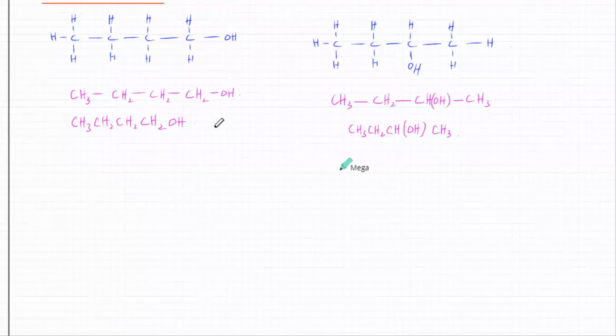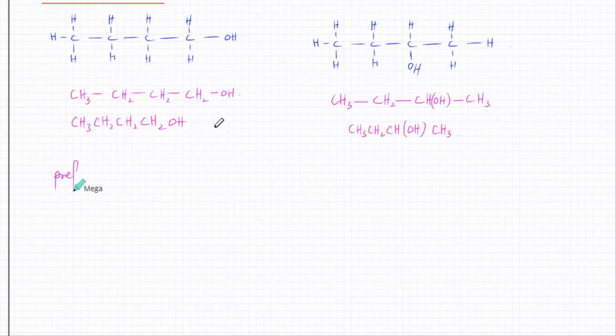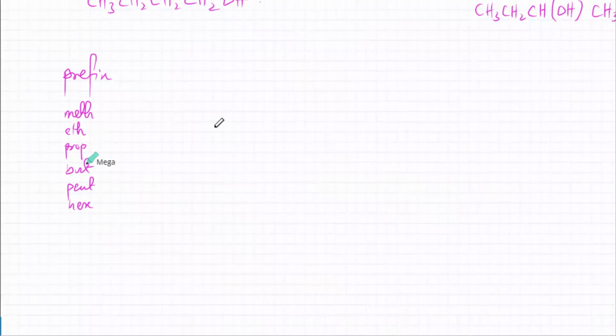The naming is going to be in 3 parts. The first one is going to be your prefix. That part is your meth, eth, prop, but, pent, and hex. Those are the number of carbon atoms.